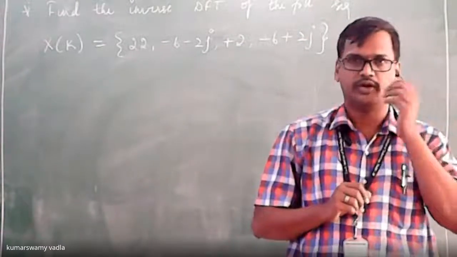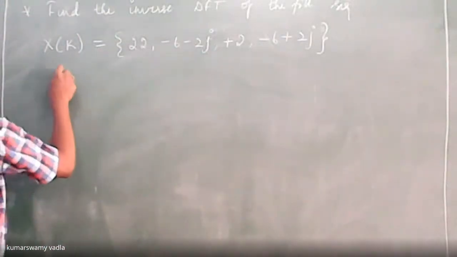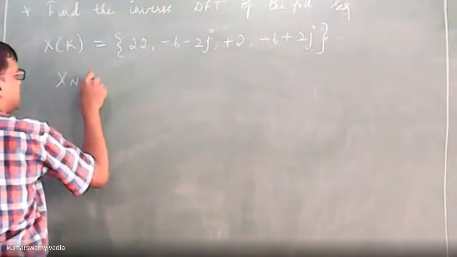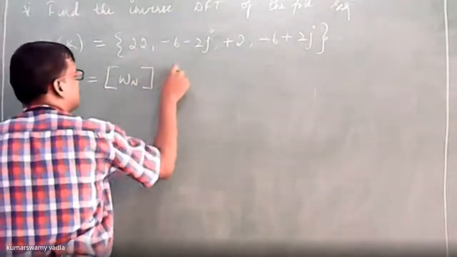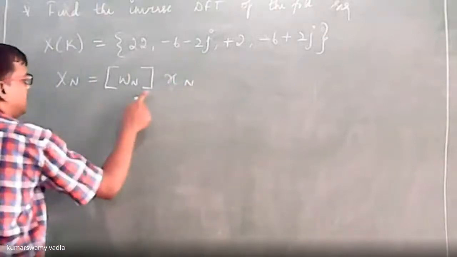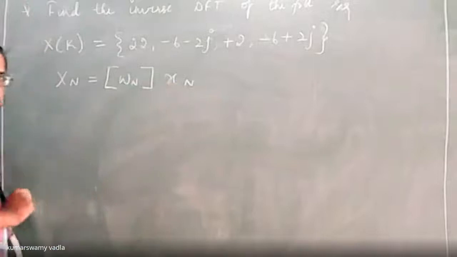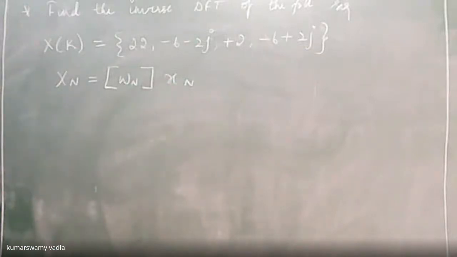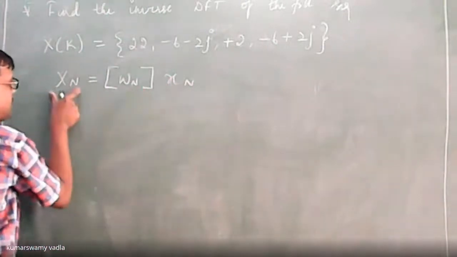Yes, sir. Okay. Now, as you have solved already in the previous example, capital X of k is equal to the twiddle factor times small x of n. Capital N stands for N point DFT. Given small x of n, you have found capital X of k.